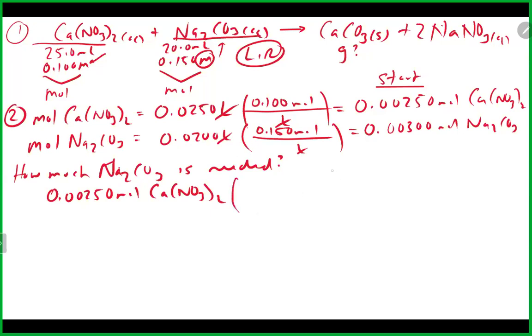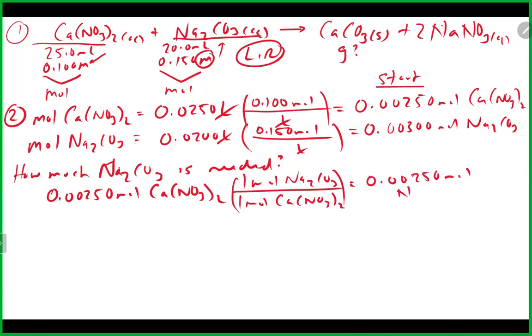So we're going to go opposites here to cancel. 1 mole of calcium nitrate from the balanced equation coefficient gives me 1 mole of sodium carbonate here. That's going to basically keep me the same number, 0.0025 moles of sodium carbonate is needed.